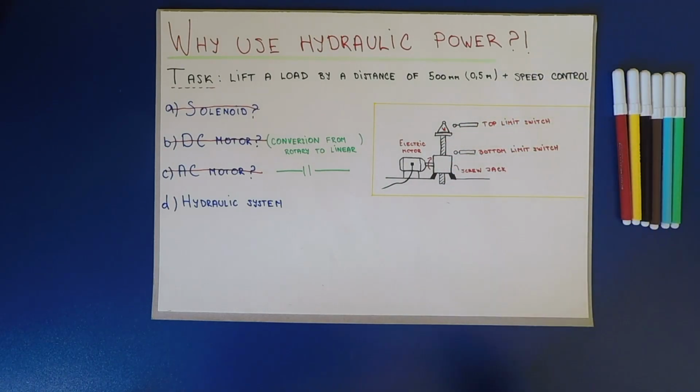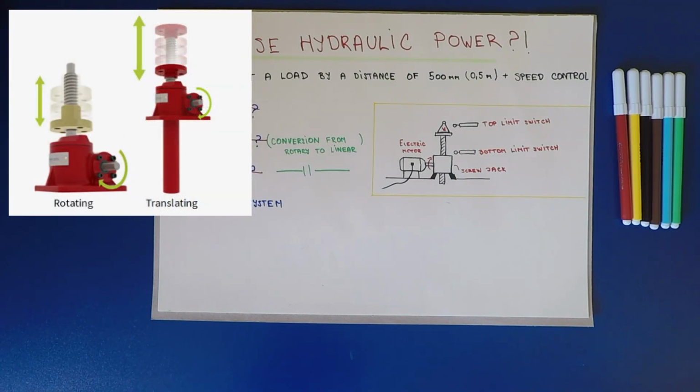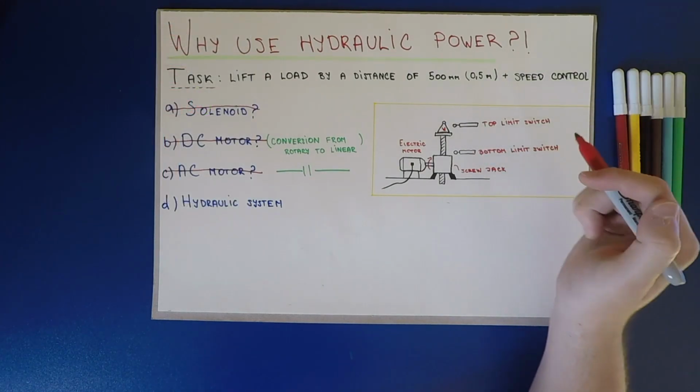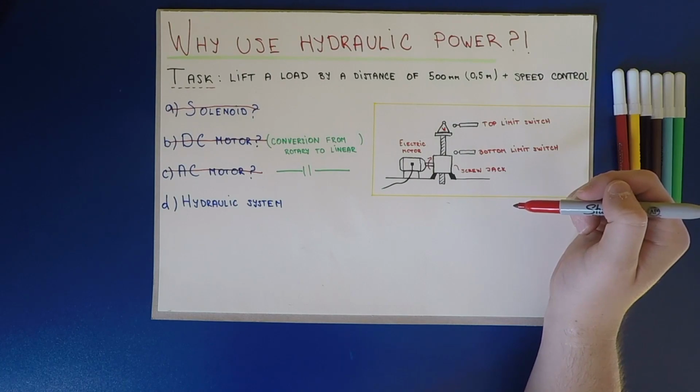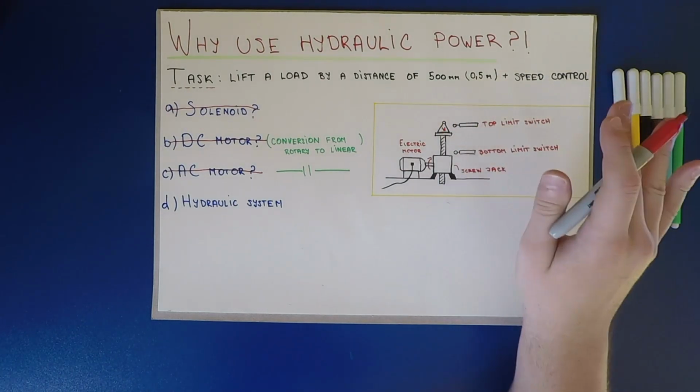I'm going to show a picture of a screw jack right now, so you can see. Also we have to have 2 switches, the top limit switch and a bottom limit switch, so when our lift comes to a certain point, the motor stops working.